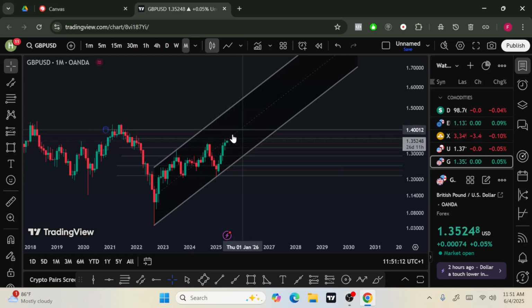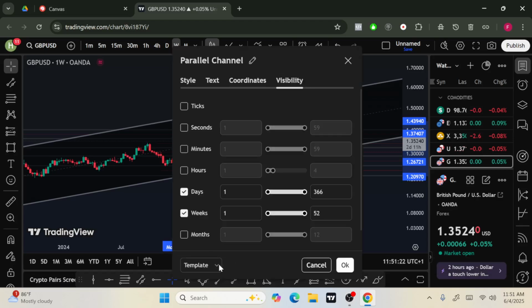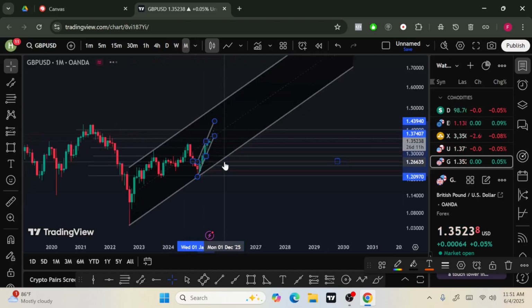So this buy candle you are seeing here is what you are seeing as a channel on a weekly time frame. Okay, this is my weekly channel, right? Boom, settings. Let me add month to it. I've added month to it. Now let's go to our monthly time frame. This is it, right? Now, do you see it now?